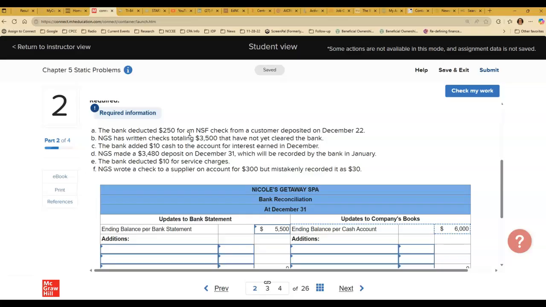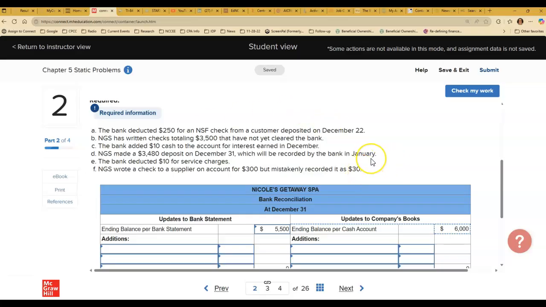The customer wrote the check to us. We deposited it, and when our bank tried to run that check through to the customer's bank, they went, yeah, there's no money here. And they kicked it back to our bank, and now our bank is notifying us that check's no good. All right, you with me?